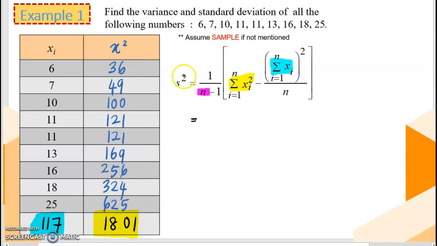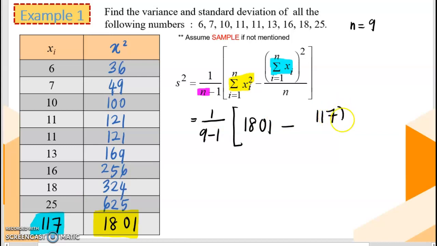And then we are going to substitute into this formula. This one is variance. 1 over n minus 1, n is 1, 2, 3, 4, 5, 6, 7, 8, 9. So n equals 9. So we have 1 over 9 minus 1 multiplied by summation of x squared, 1801, minus summation of x, 117, squared, divided by 9.